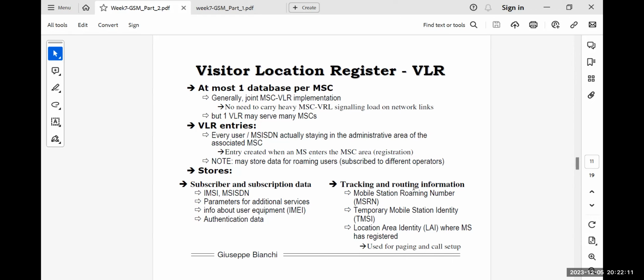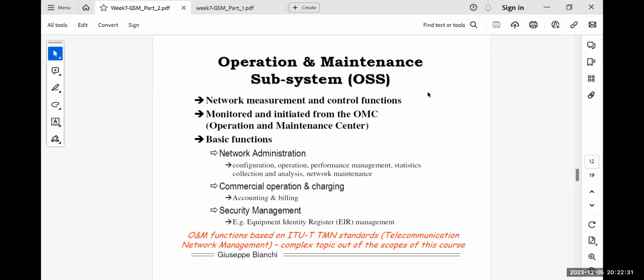The mobile station roaming number is associated with your mobile phone, that is MSRN, right? The temporary mobile station identity is also given in that case, and the location area identity where the mobile station has been registered. All of this information is also available in the VLR that is connected to the MSC.